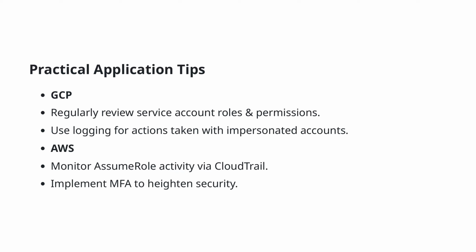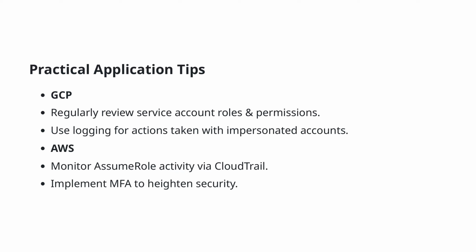On this slide, we focus on practical application tips for both Google Cloud Platform and Amazon Web Services from a security and management perspective. When working with GCP, it's important to regularly review service account roles and permissions to ensure they're in line with the principle of least privilege. Additionally, implementing logging for actions taken with impersonated accounts can provide visibility and auditability, helping to prevent unauthorized access or actions.